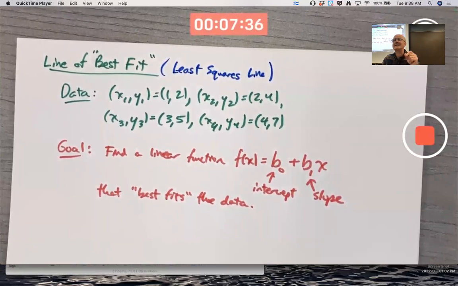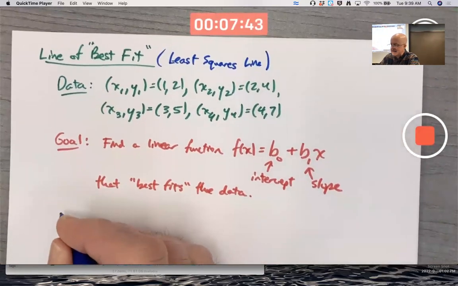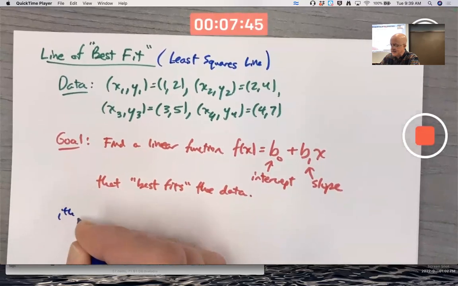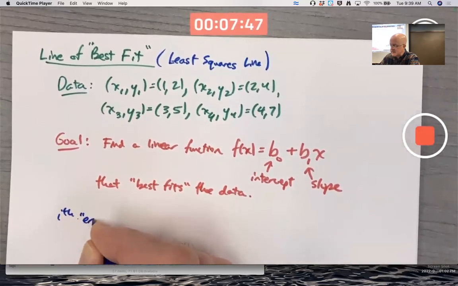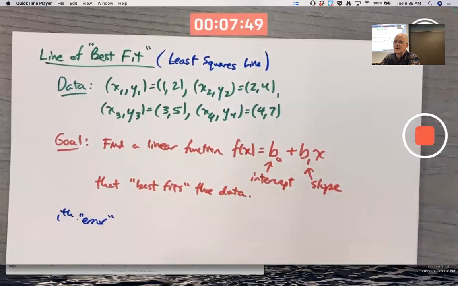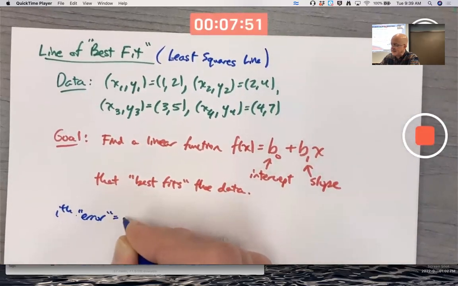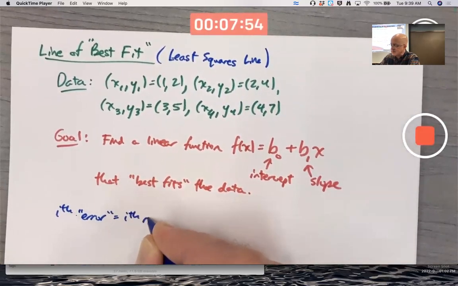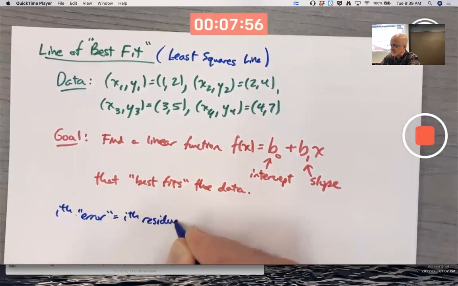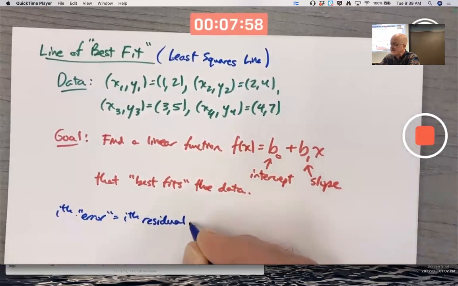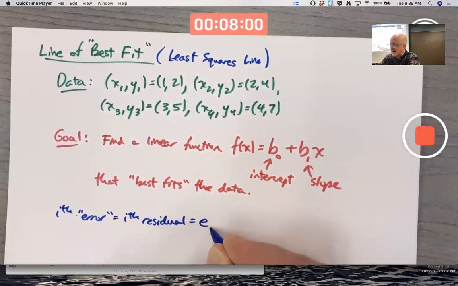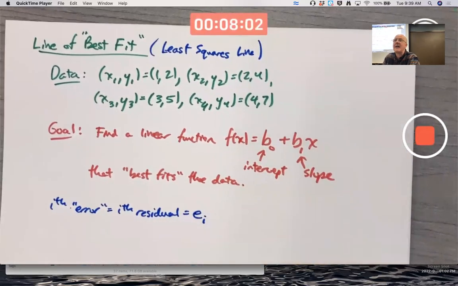Error is synonymous with residual. The ith error, which I will more commonly call the ith residual, though it is denoted by E sub i, E for error. This is not the number E.